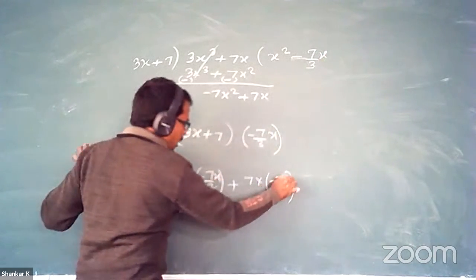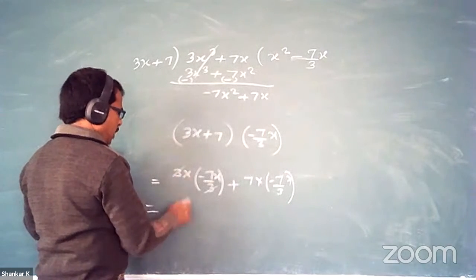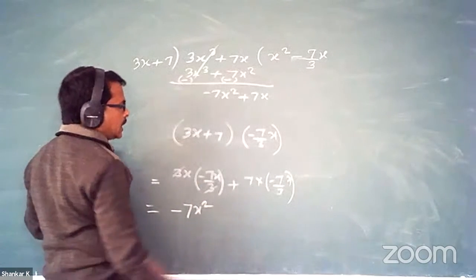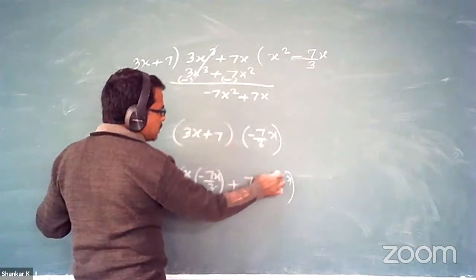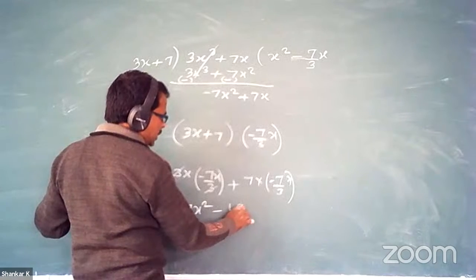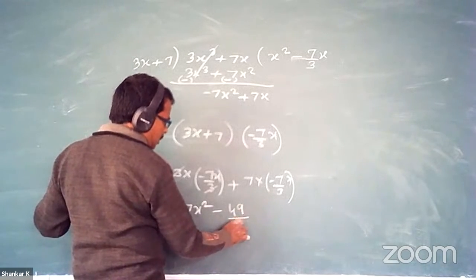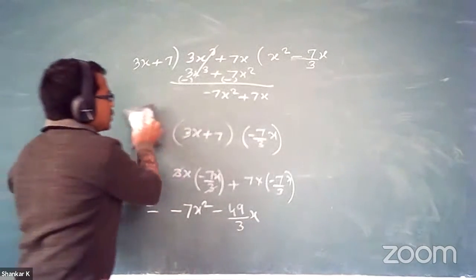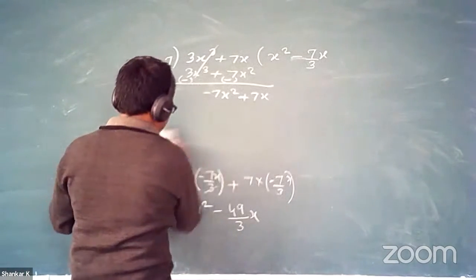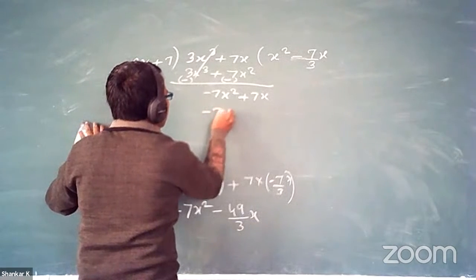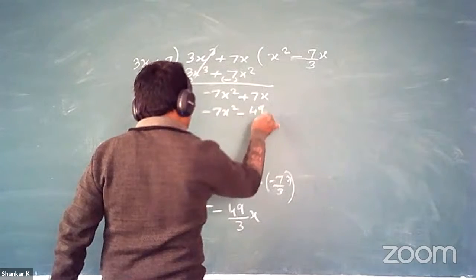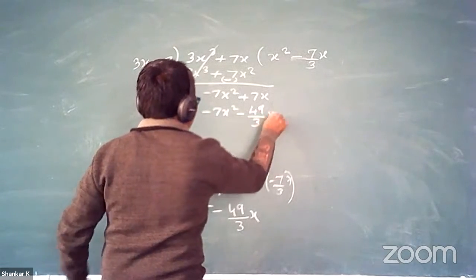So minus 7x into x square. Here 7 7s are 49, minus 49 by 3x. This will come. So that should be written here: minus 7x square minus 49 by 3x.